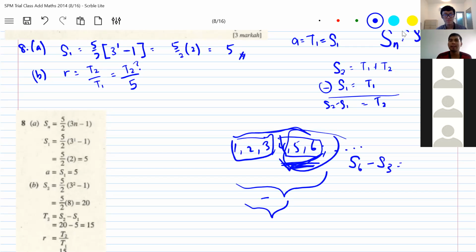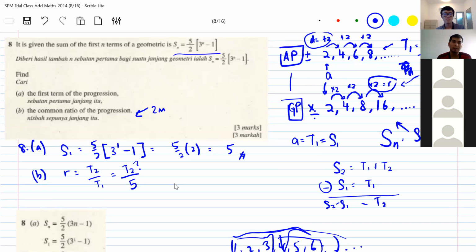So in this case, you can find the second sum, S2, right? So S1, S2 minus S1. 3 squared minus 1 minus S1 will be 5, right?